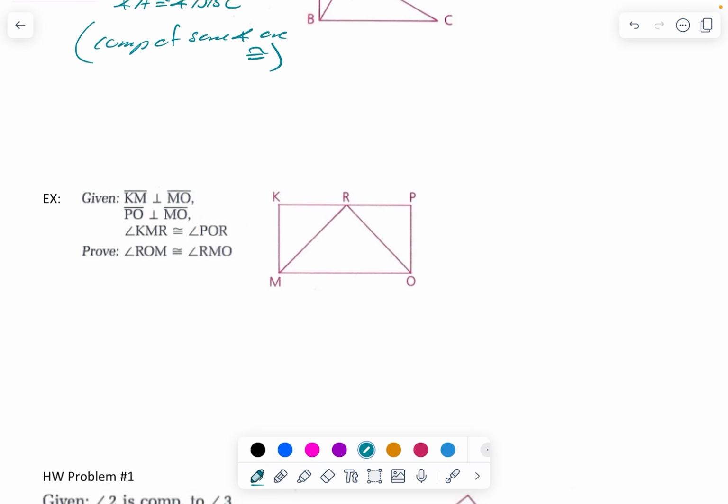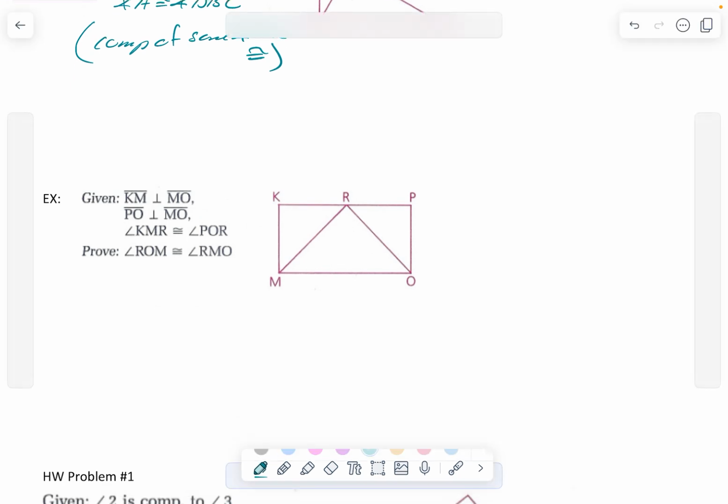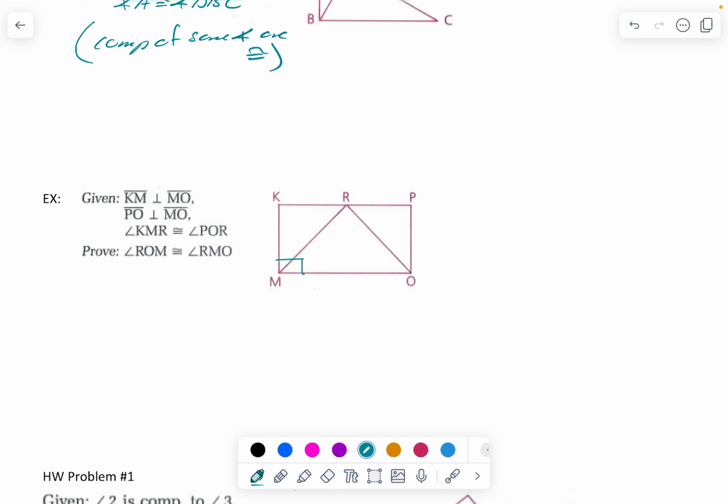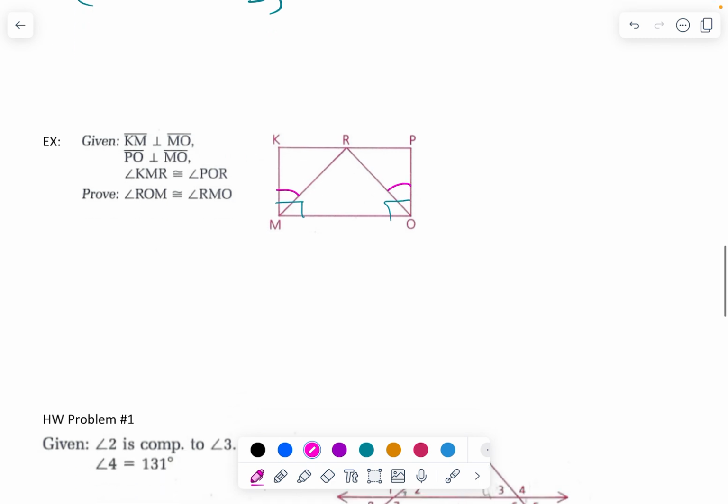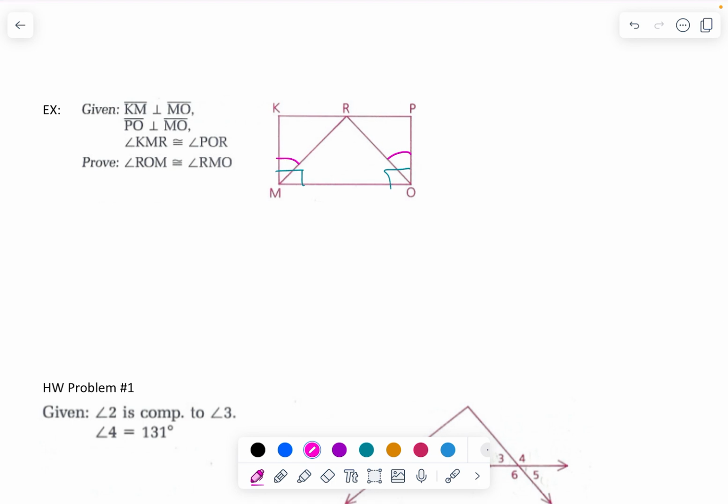All right, let's see. We have KM perpendicular to MO. We have PO perpendicular to MO. And then we have KMR congruent to POR. So we want to prove ROM is congruent to RMO.